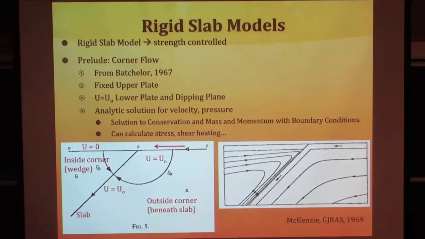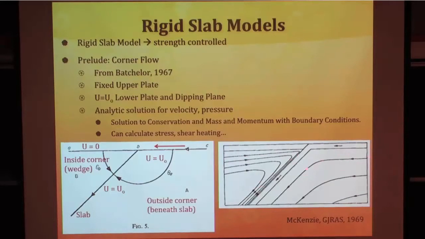You can set up the conservation of mass and momentum, which Michael introduced us all to. You can set up those equations with these boundary conditions and analytically solve for what the flow in the surrounding corners will be in response to these kinematic boundary conditions. And this is from McKenzie's 1969 paper, showing the streamlines from that flow.